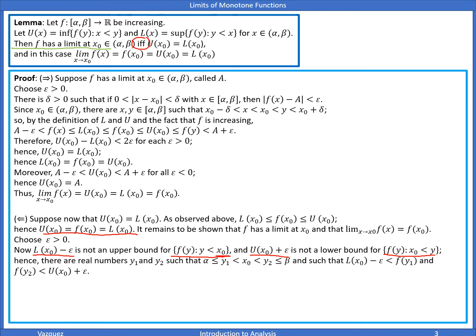So it can't be a lower bound for it either. Well, then there are real numbers y1 and y2 such that we can wedge them into the interval, and such that L of x naught minus epsilon is less than f of y1, and also such that f of y2 is less than U of x naught plus epsilon. So similar to what we were doing above, we're wedging in numbers, and their image is also wedged in there.